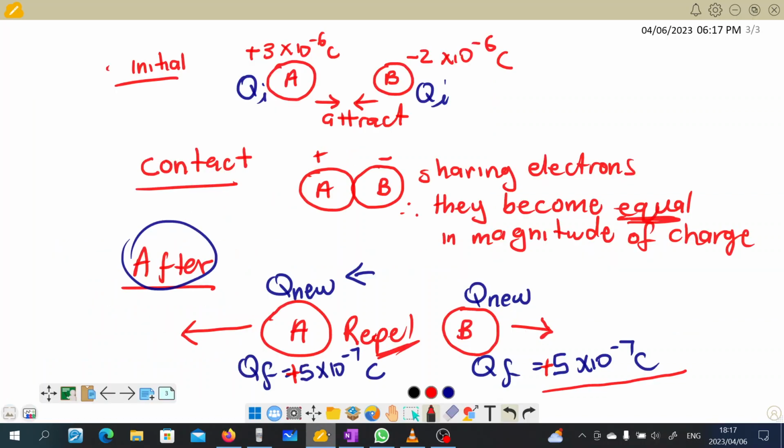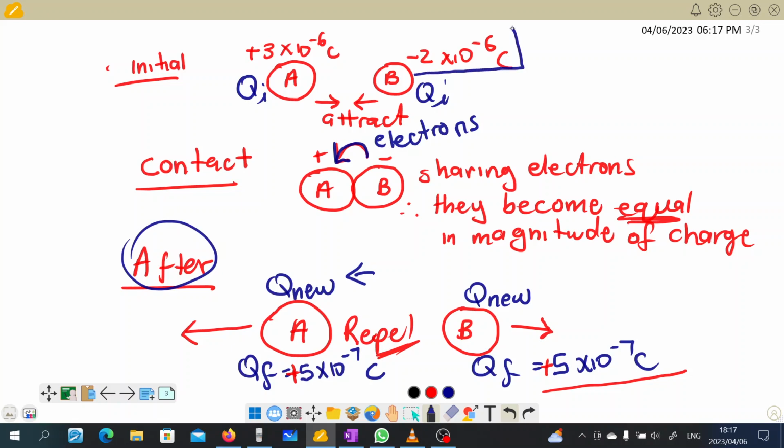As we said, B is the one that is going to transfer electrons to A. How many are these electrons now that B is transferring to A? In order for us to know the number of electrons that B transferred, we need to know first how much of B did B transfer.